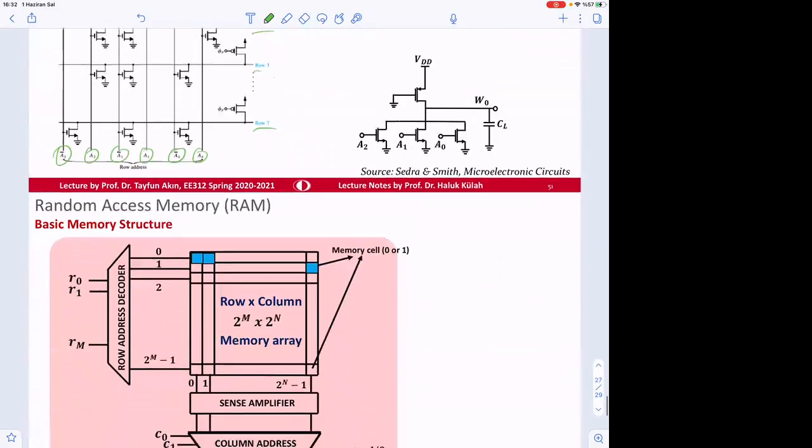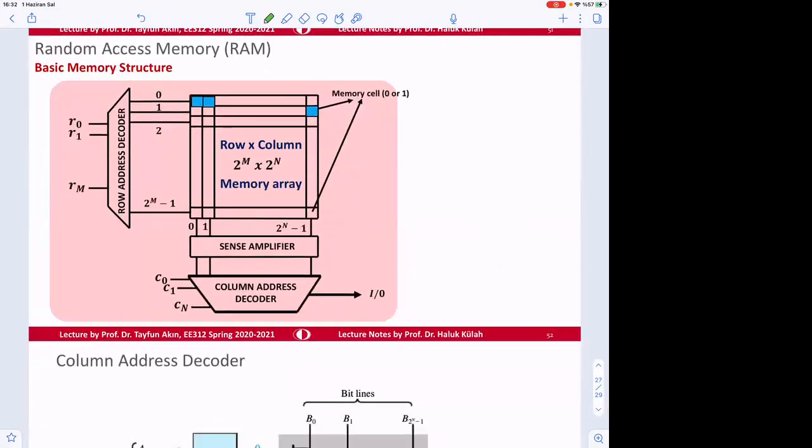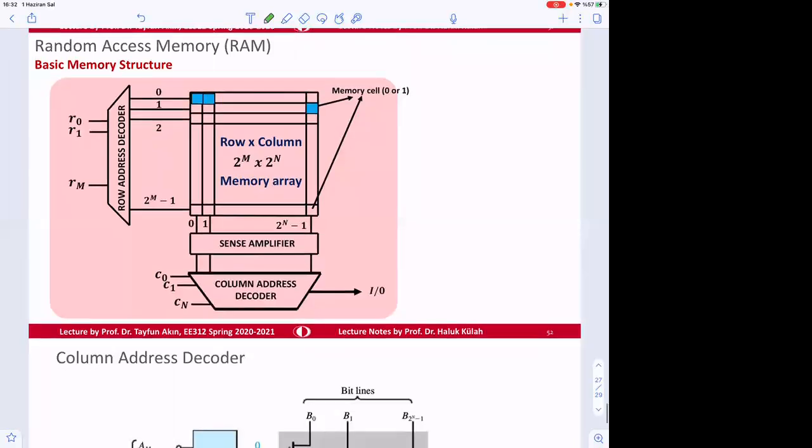So the idea is very simple. So I'm trying to complete this and then finish for today, and next week we'll start A to D converters.